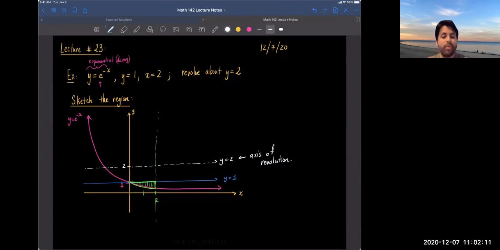This is my new axis of revolution. So if I were to revolve this region around this axis, then what would I get?